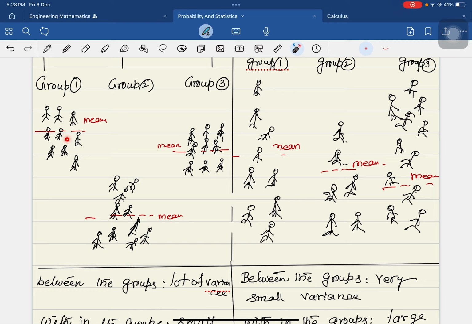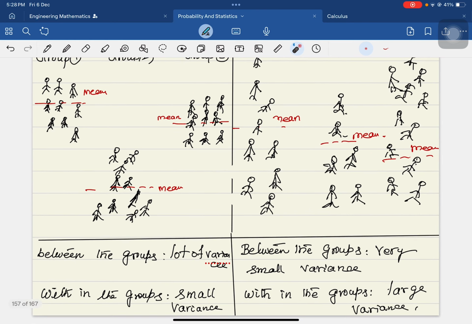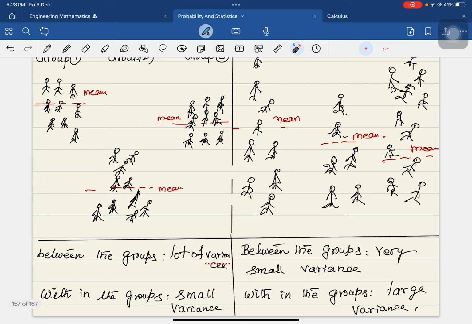But within the group, they are very close to each other, right? So the variance in the mean within the group is very less. I hope you could understand this particular statement, when you start analyzing between the groups and within the groups, how the variance of the mean is being executed.